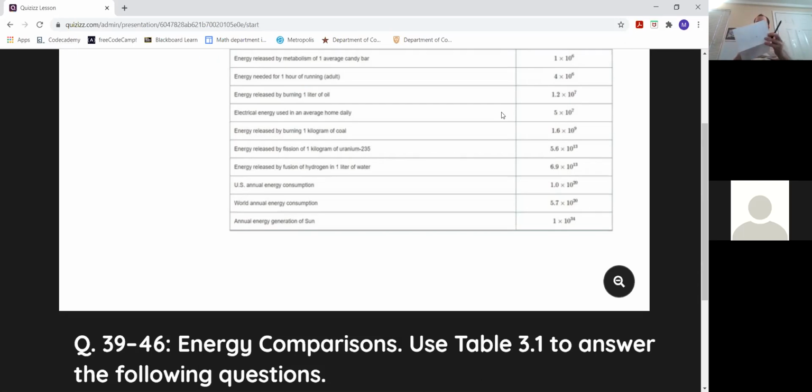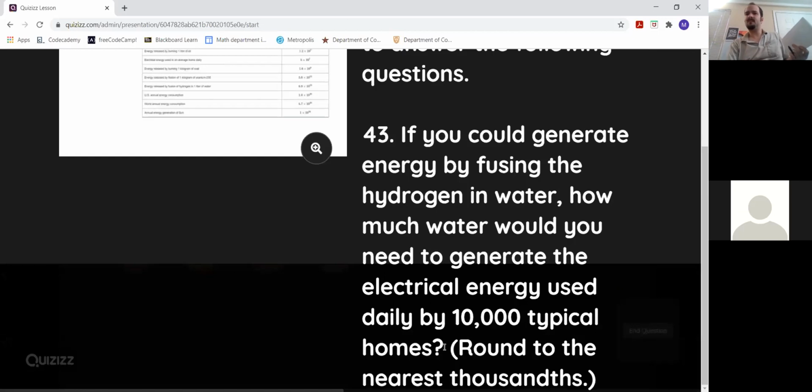So this one, our powers of ten are not the same, so we're going to have to do a little bit more figuring with those numbers. I think the approach is to find out how many liters I need for one household daily, and then figure that out for 10,000 households. Was it 10,000? 10,000 homes, yeah.